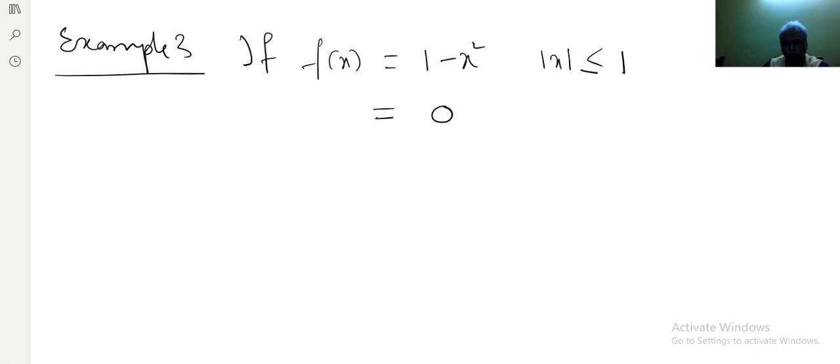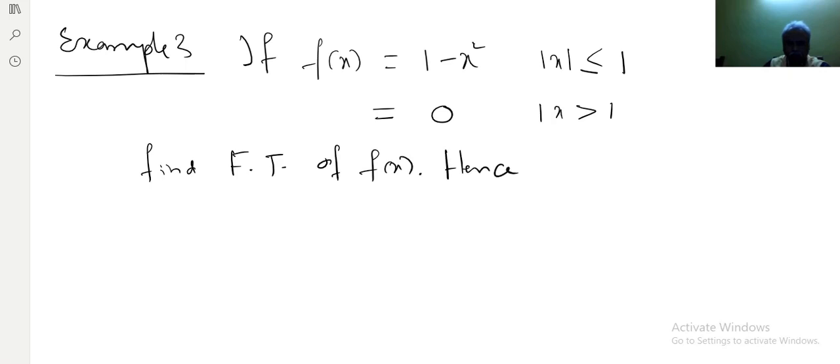What is mod x function? And 0 for mod x greater than 1. So now find the Fourier transform of f of x. After finding this, hence evaluate or deduce.